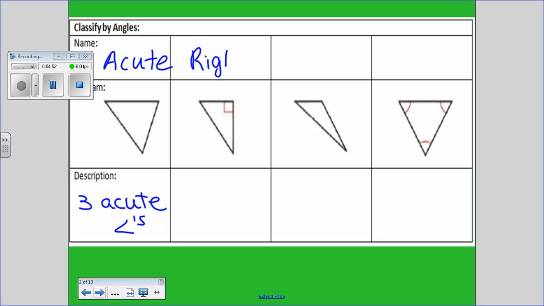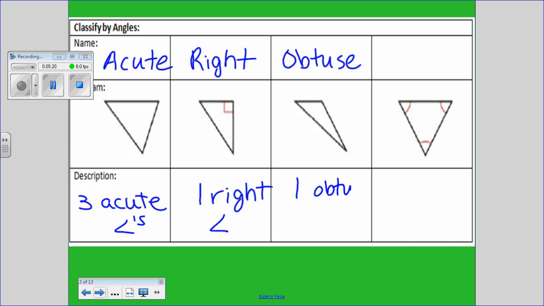The second one is a right triangle. And a right triangle has one right angle. So it doesn't have to have all three of them be right angles. That would be silly. Just one of them needs to be a right angle. An obtuse triangle has one obtuse angle.